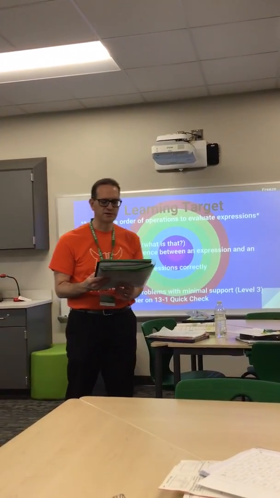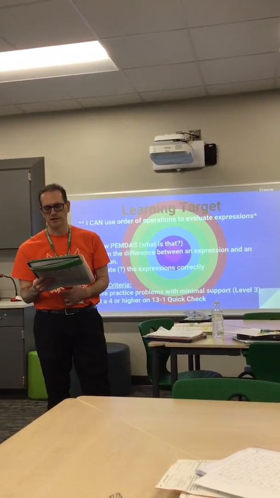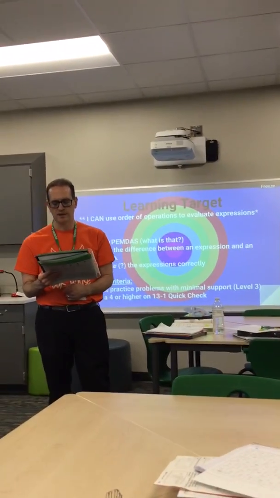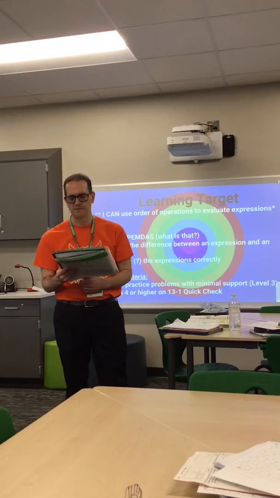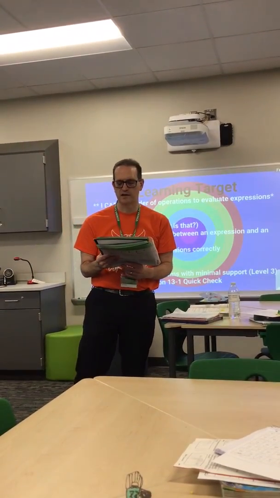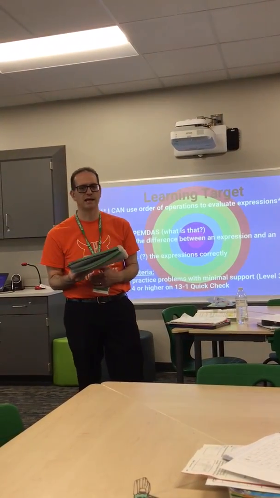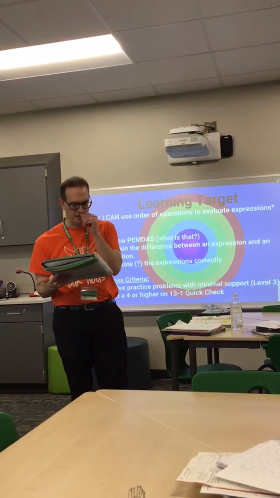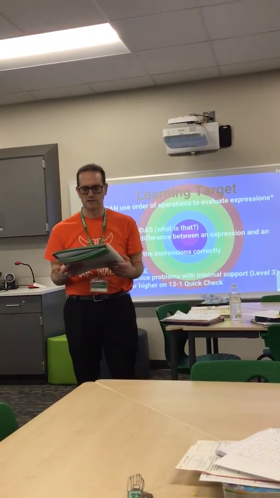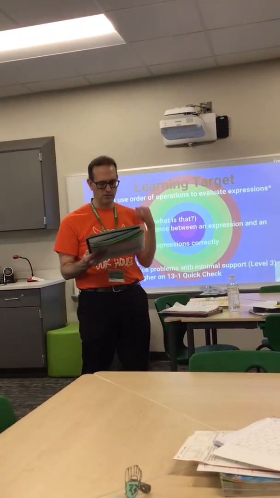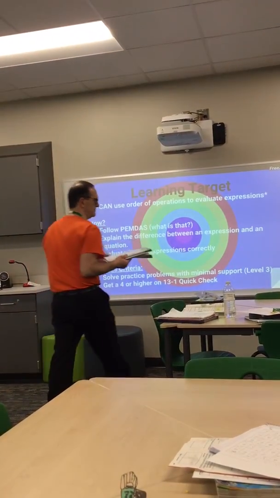So, two students evaluated the expression 15 plus 12 divided by 3 plus 5 and got two different answers. Neither student made a mistake in the calculations, so how did they get different results? Go ahead and look at that and kind of solve it on your own. You can pause, and when you come back, we'll go through it a little bit.